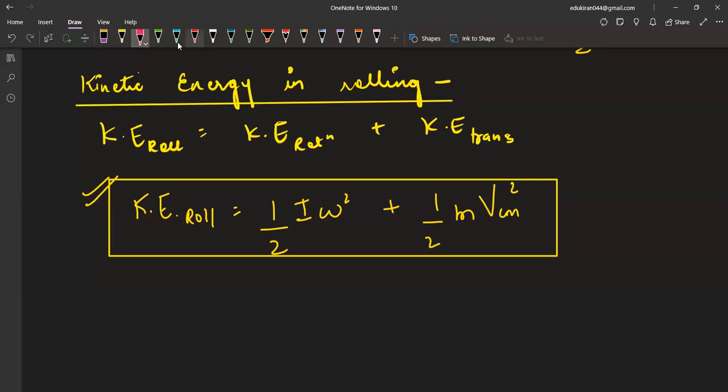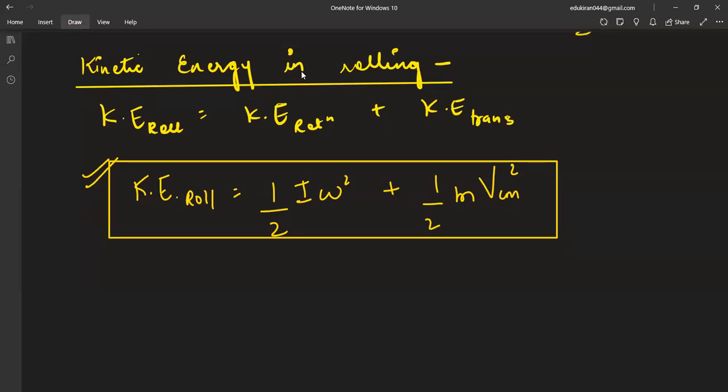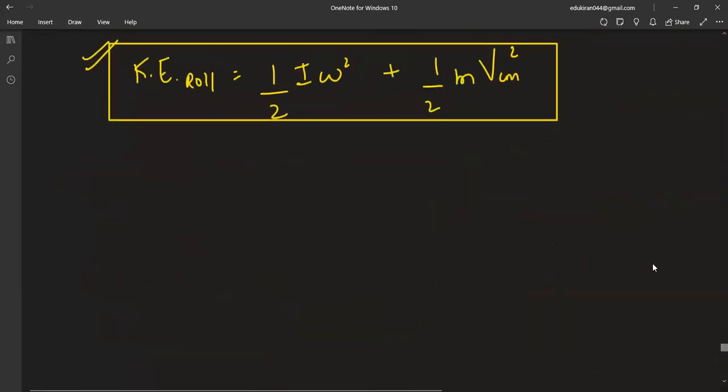But we'll be discussing some more things because sometimes in different questions, these are used, right? So let us elaborate the moment of inertia. The center of mass term becomes half m VCM square.